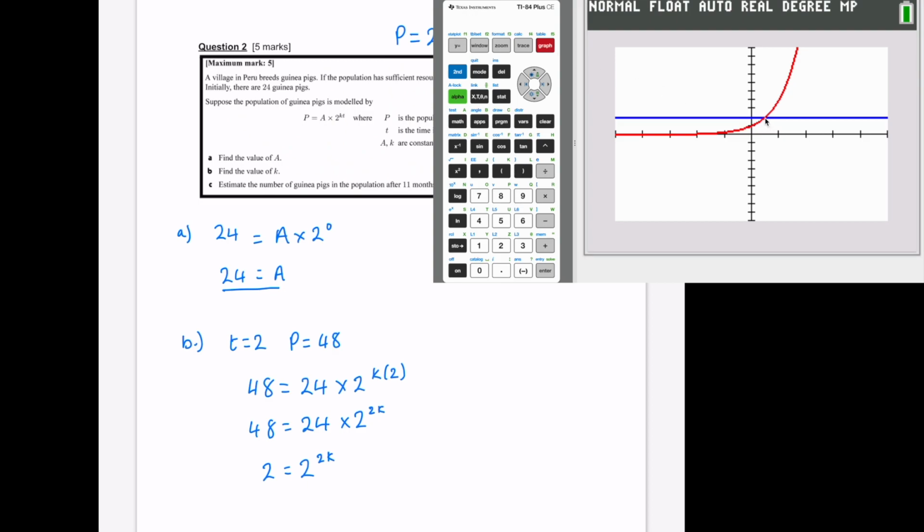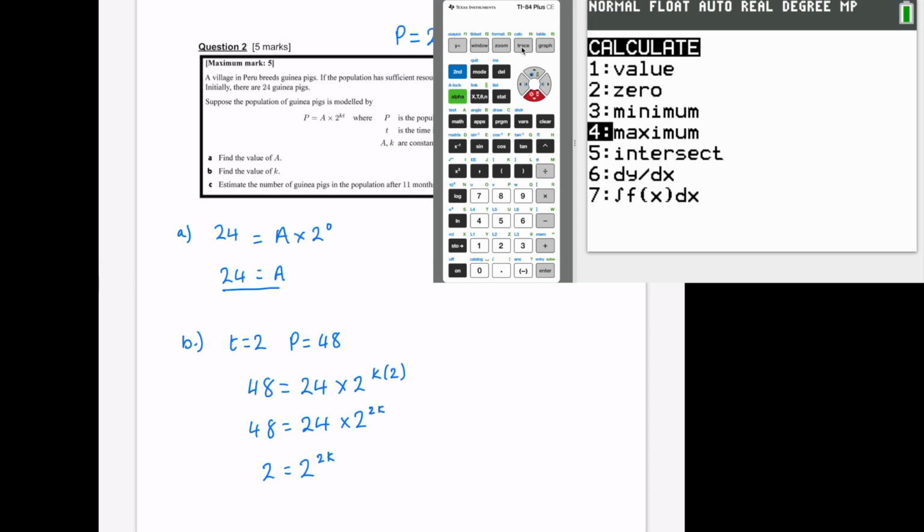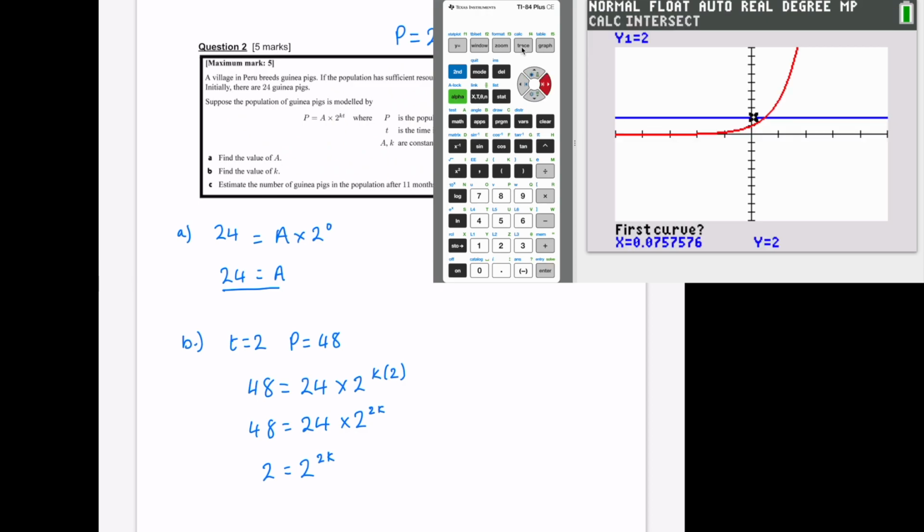And we're going to graph what this looks like, and we're looking for that solution. So second function, trace, intersection, and it's 0.5. So k is equal to 0.5 or 1/2, however you want to write that one.